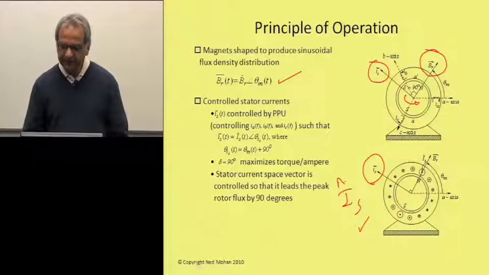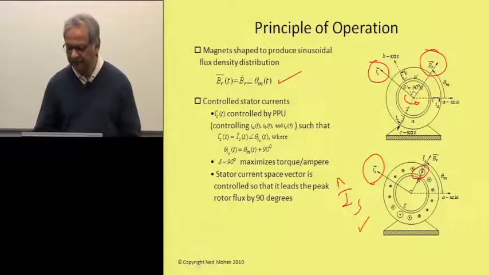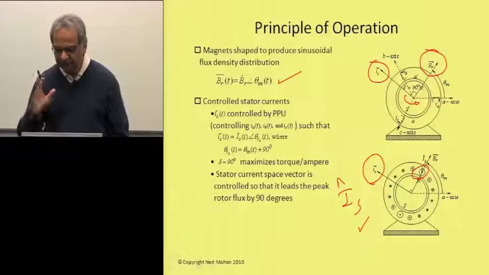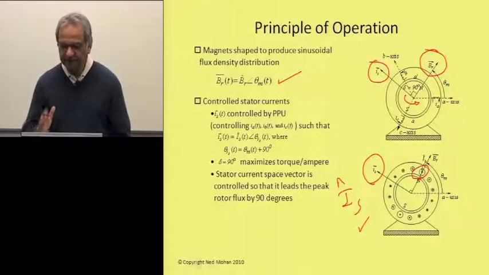and you can see that the maximum conductor density then is where the flux density distribution is maximum. That is where the rotor flux density space vector is oriented.